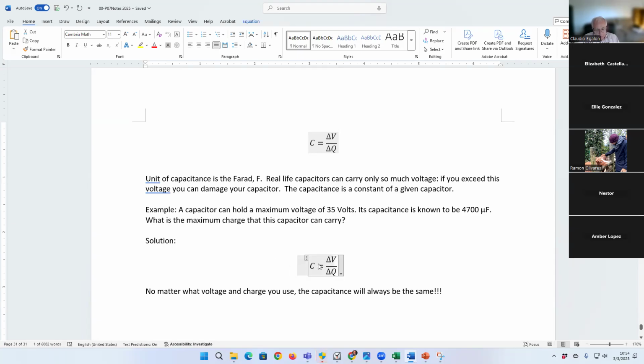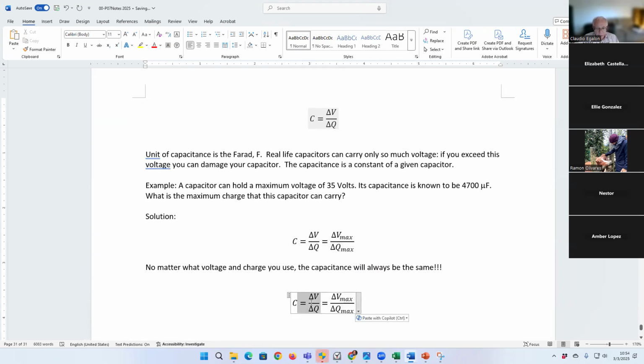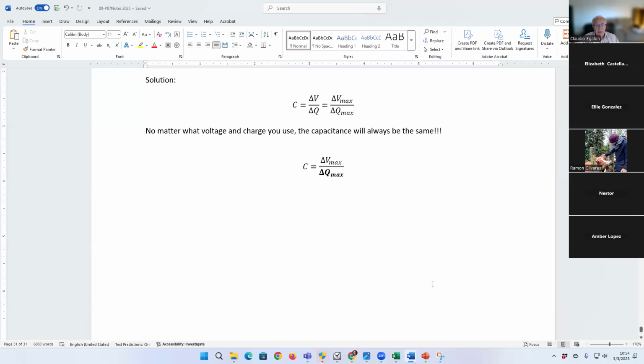The correct way would be to put this right in here on the right side, right? I'm going to copy and paste right in here. We know delta V max. We know the capacitance. What we do not know is the maximum amount of charge that capacitor can carry.